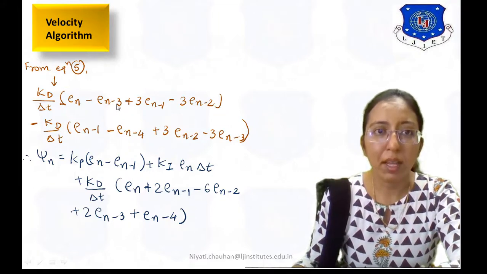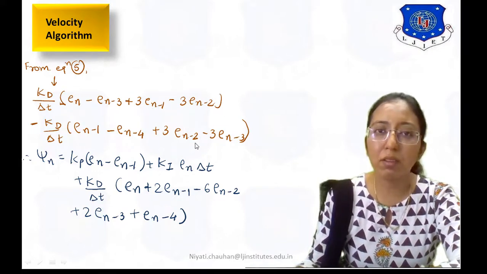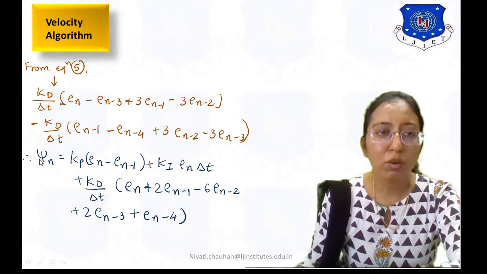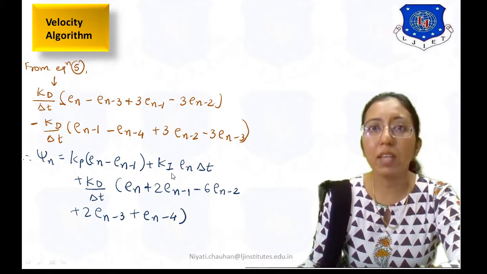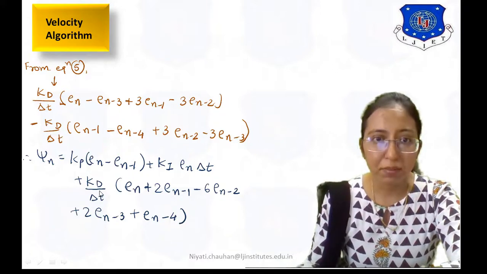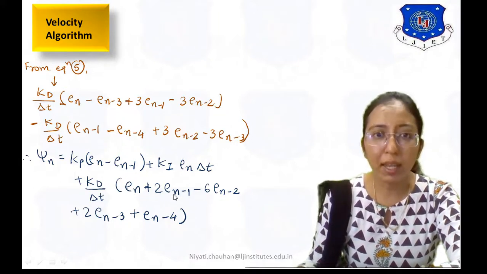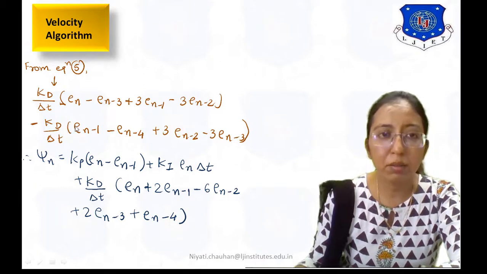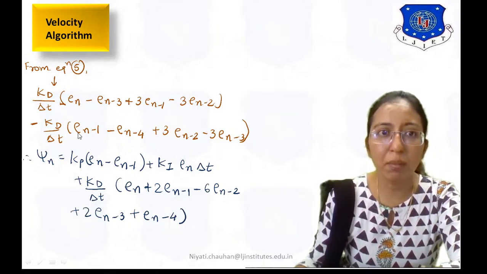So psi n is equal to Kp in bracket En minus En minus 1, plus Ki En delta t, plus Kd upon 6 delta t times the final expression: En plus 2 En minus 1, since plus 3 En minus 1 and minus En minus 1 gives plus 2.